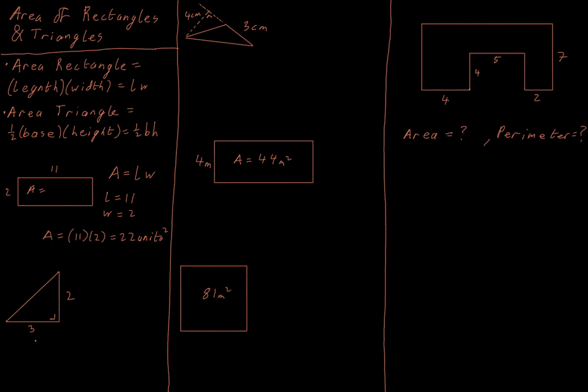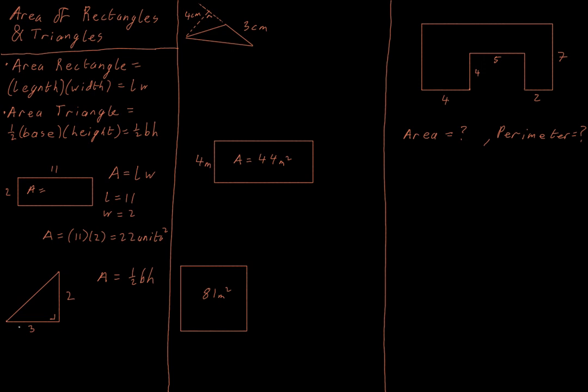Now, our triangle formula, if we wanted to find the area of this triangle, we know we'd write down our formula. The area of our triangle is half the base by the height. Now here's the part we need to be careful of. When we say the base by the height, there's a relationship between the base and the height that is more subtle than is obvious in the rectangle.